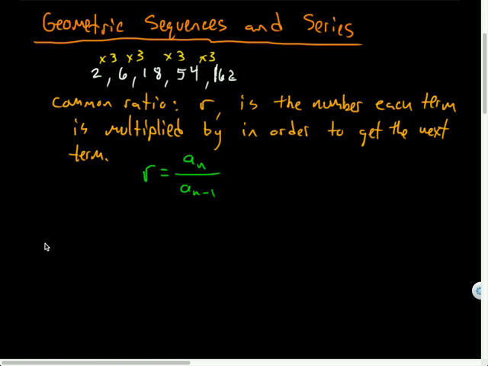So clearly, you guys can anticipate what my next step would be. What happens if I want to find the 100th term in this list? I don't want to have to multiply by 3 a hundred times. That doesn't sound like fun. So let's see if we can derive a formula.